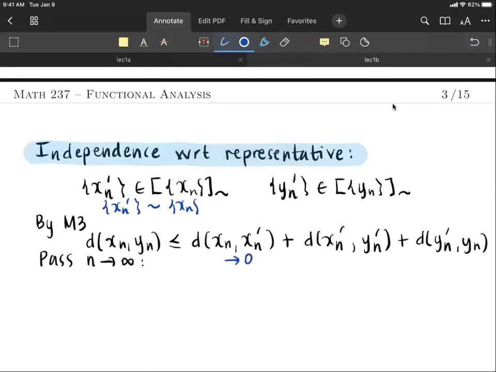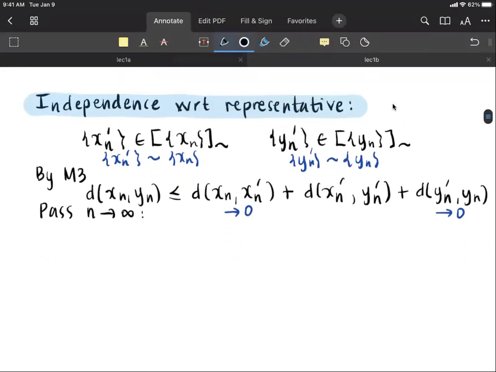Similarly, yn prime is related to yn, and this will go to 0. And we end up with the following inequality.